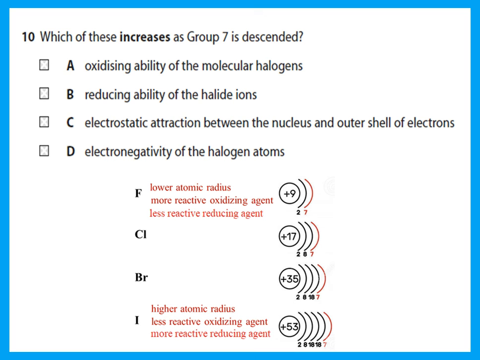What is increasing as we go down the group is the reducing ability, the ability to reduce. So actually, the reducing ability of the halides, that is choice B, is the one that is increasing as we go down.